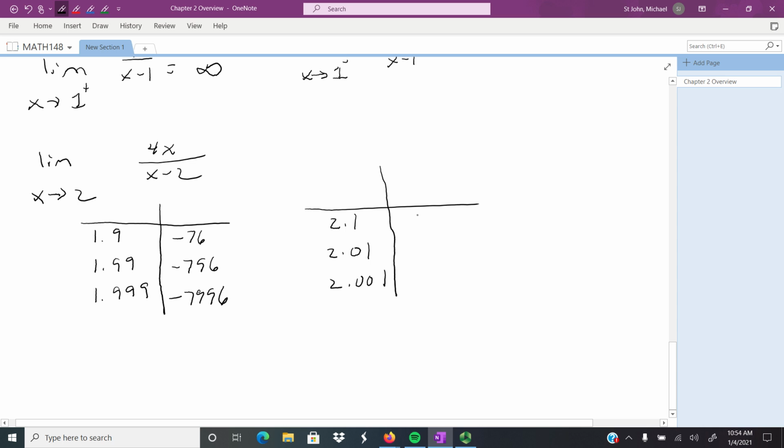And so here we end up with 84, 804, and then 8,004. So we can see from our chart that when we come in from numbers that are less than 2, we're heading towards negative infinity. We come in from numbers that are bigger than 2, we're heading towards positive infinity. And so in this case, the limit does not exist, right?